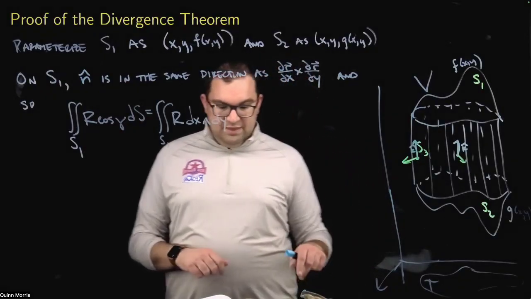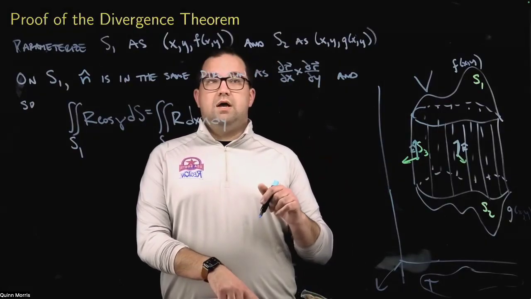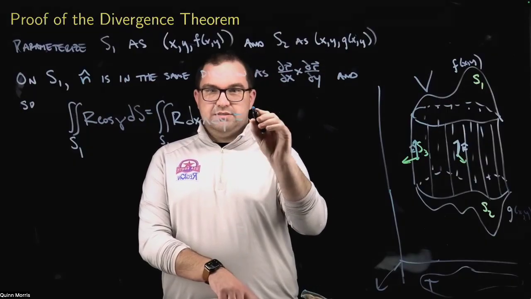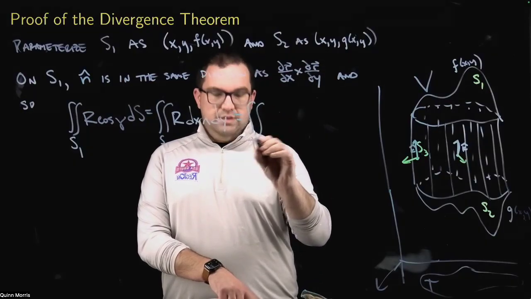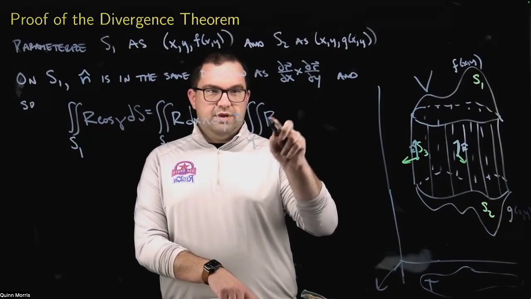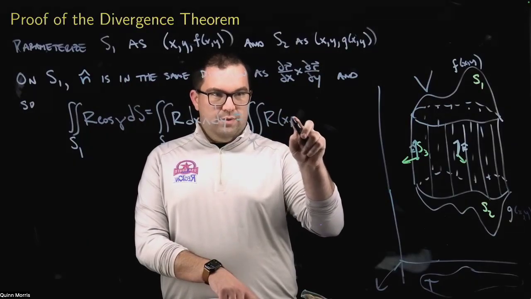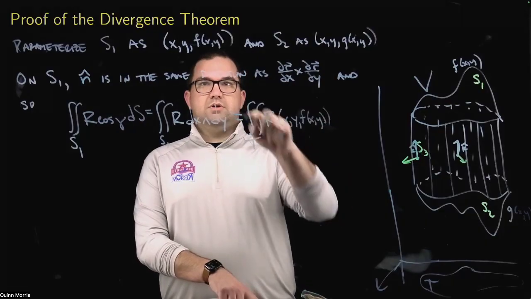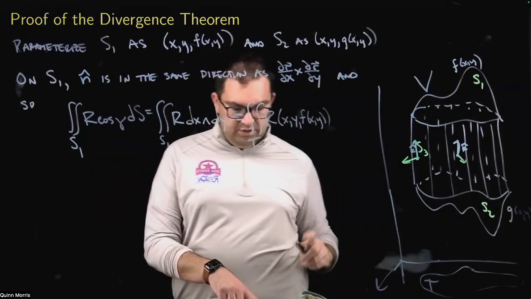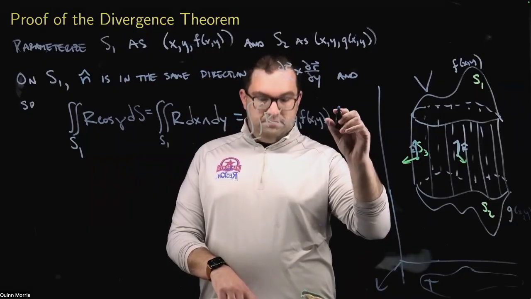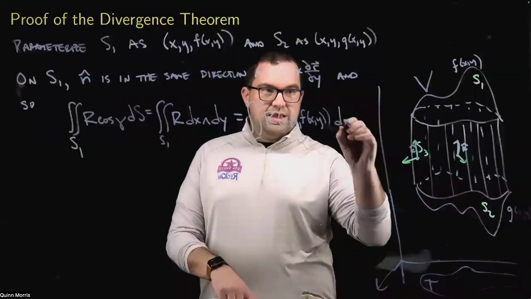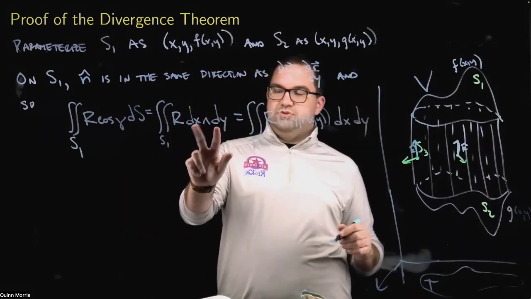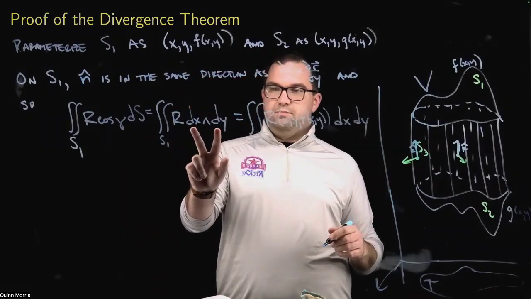So we get this, and of course we can express this by definition as the double integral of R evaluated on the surface. There's my capital R evaluated on the surface. And then in this case, this should be whatever this wedge product is.